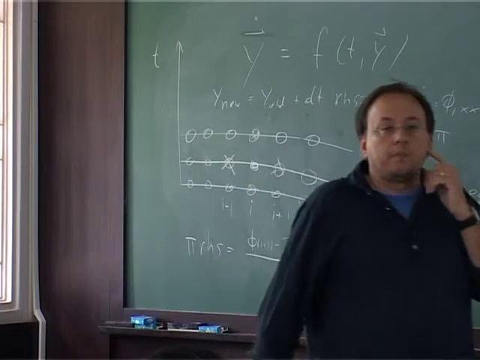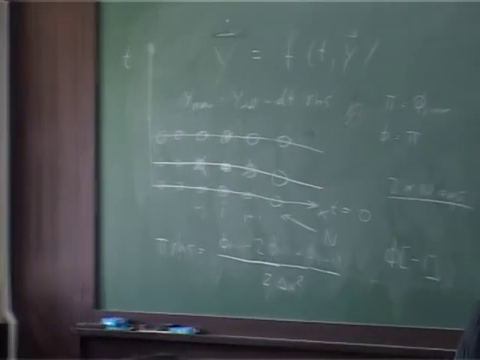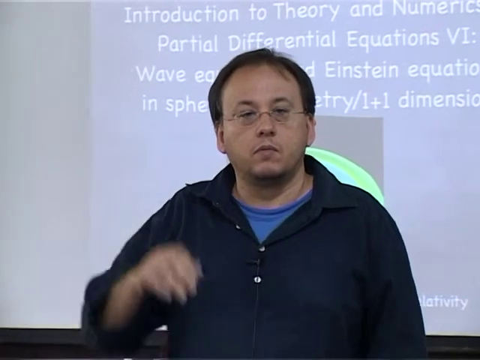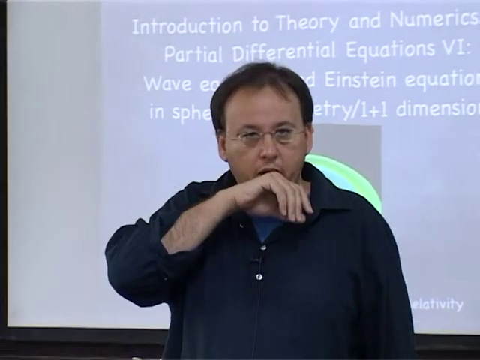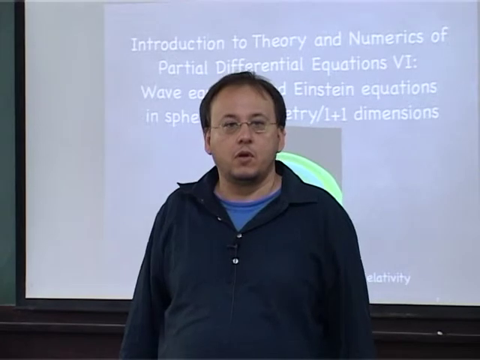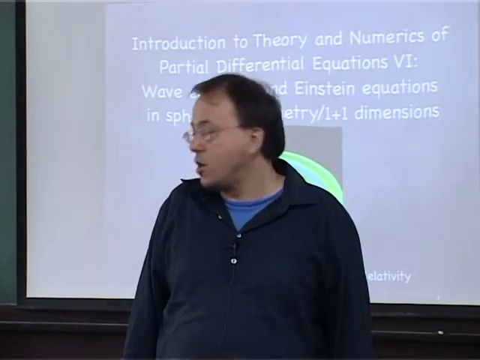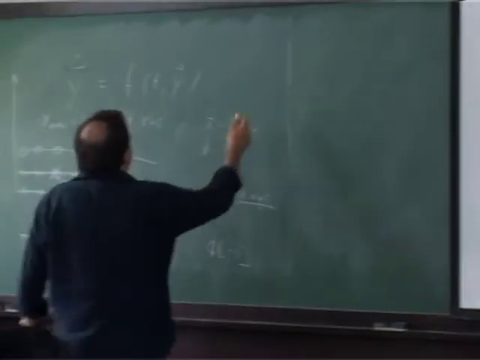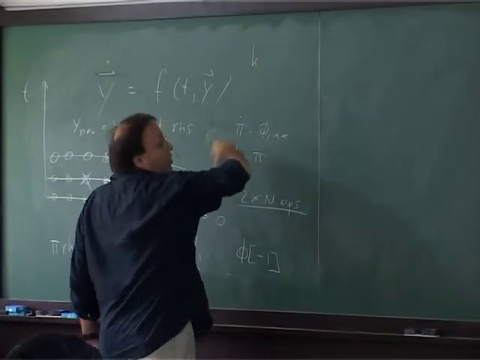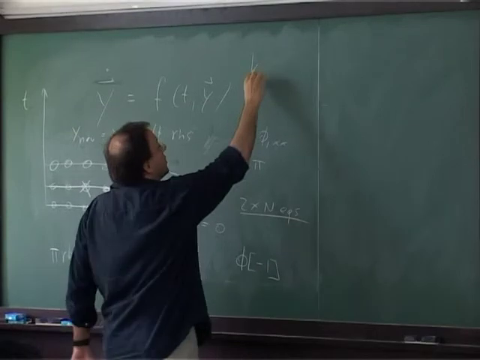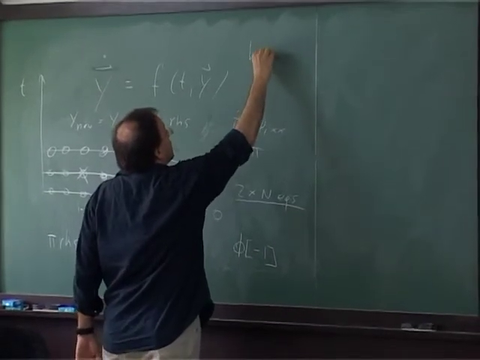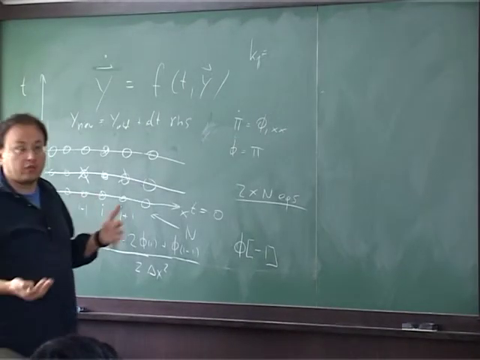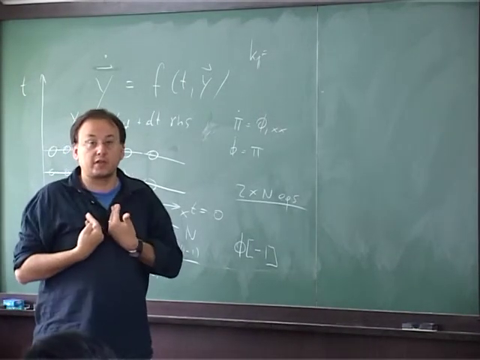For RK2, for example, the scheme involves f of t plus h by 2. So I need an intermediate data set, right? Right, exactly. So do I just approximate it to the earlier one, or how do I do it? You just do that, and so for RK2 or RK4, you have these variables which we called K1, K2, and so on. K1 equals, and again, these are things which, if the right-hand side is a vector, come back as a vector.